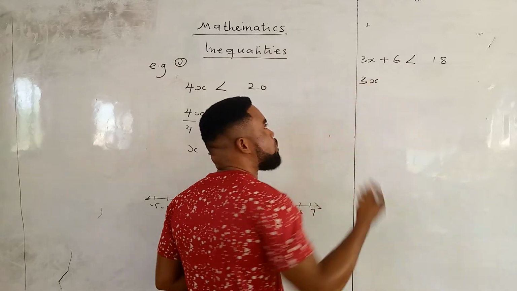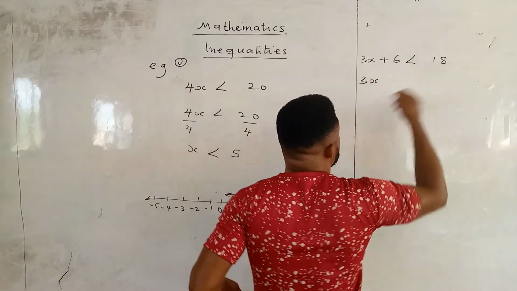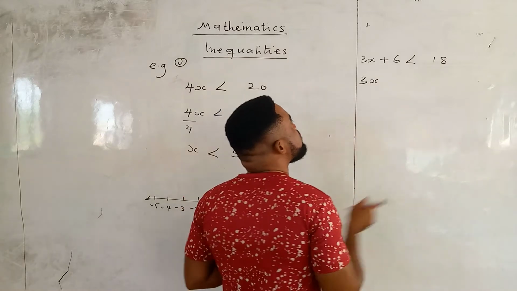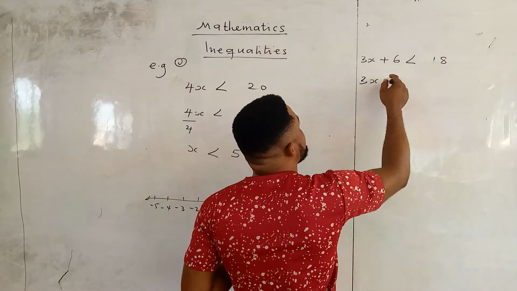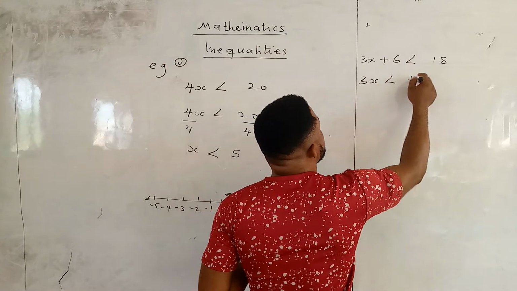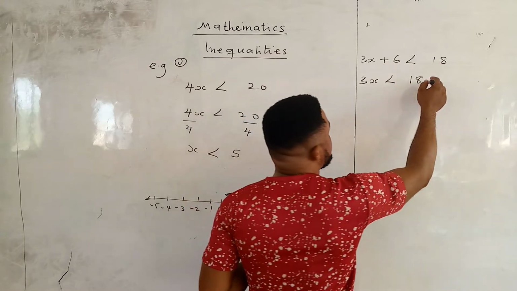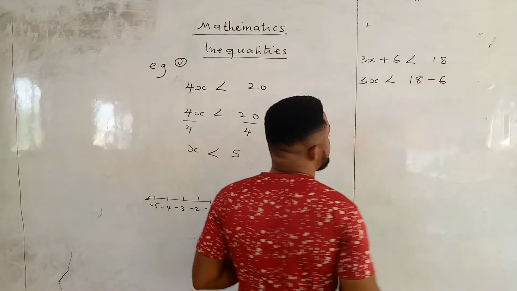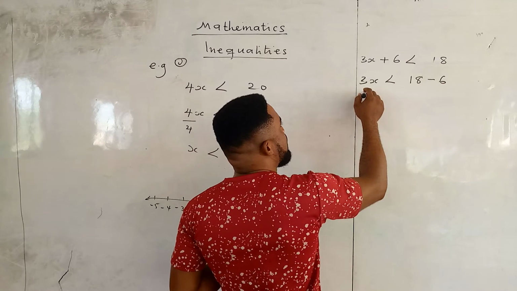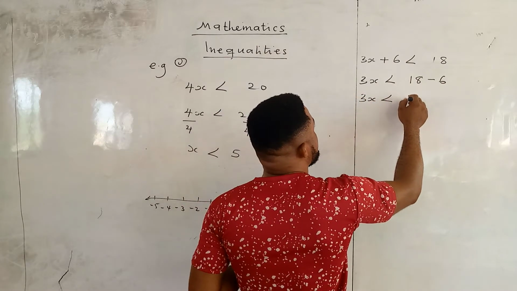So we continue. 3x. We group our like terms. A number here, number there, so you can group it there. So it is adding over here, so it will be 3x less than 18. If it is adding, the same procedure, you subtract. Minus what? Minus 6. So our 3x less than what?